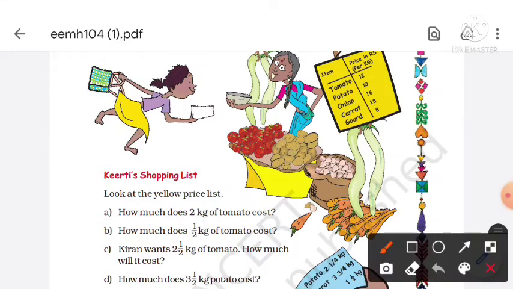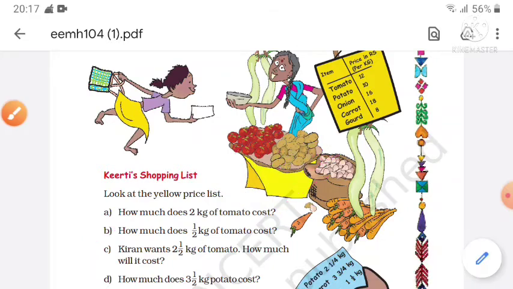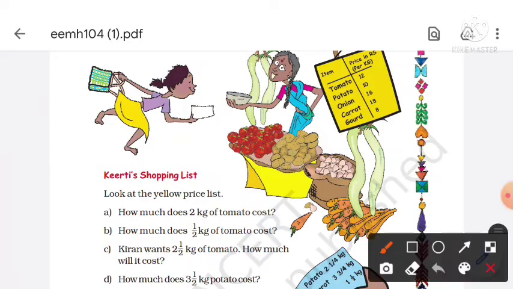Next one is, how much does half kg of tomato cost? Very simple, 1 kg of tomato is equal to 12, so half kg will be 12/2, that is 6. Now Kiran wants 2 and 1/2 kg of tomato, how much will it cost?